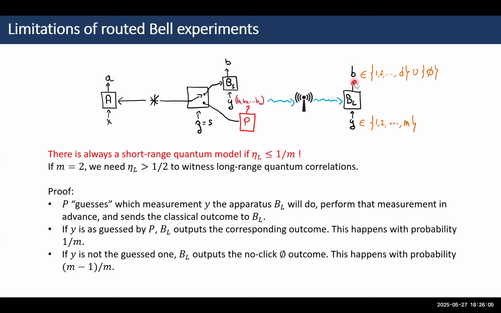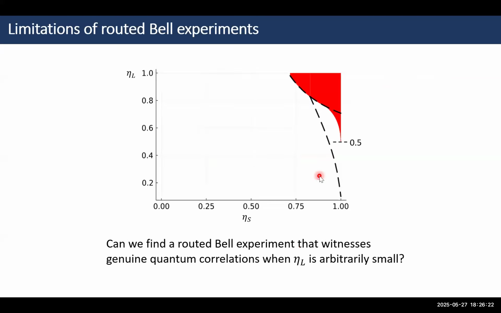So for instance, if we have the choice between two measurements for the faraway device B, then we need the efficiency of the device to be above 1/2 to witness long-range quantum correlation. We will never be able to go down. And 1/2, by the way, is what we got here. So these CHSH or BBT4 examples are actually optimal in that sense.